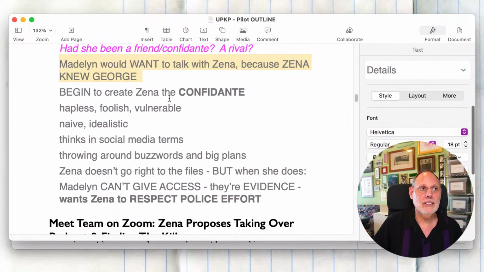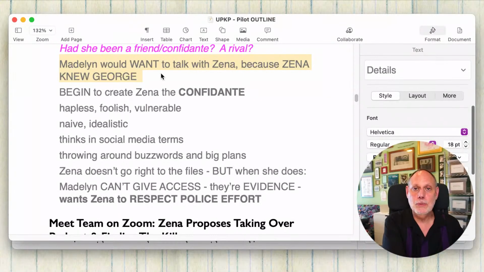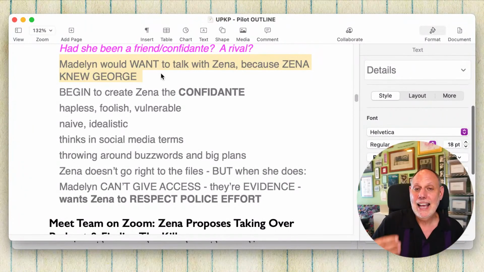Especially because I realized Madeline would absolutely want to talk with Xena because she just came into her ex-husband's life and she hasn't talked to him in 30 years and he was murdered. So if somebody says, hey, I'm a friend of his, Madeline and the police would be like, we need to talk to you. We need to find out everything we can about what George was doing.